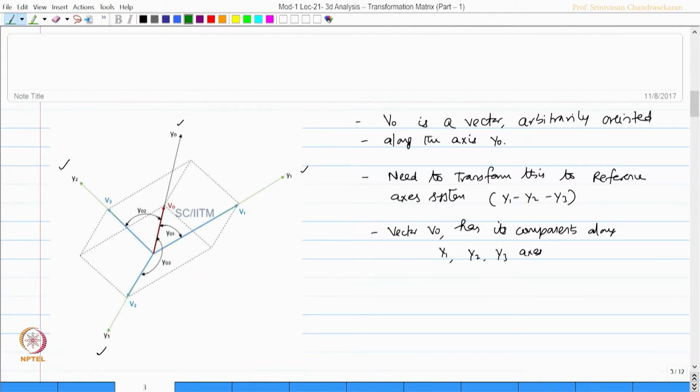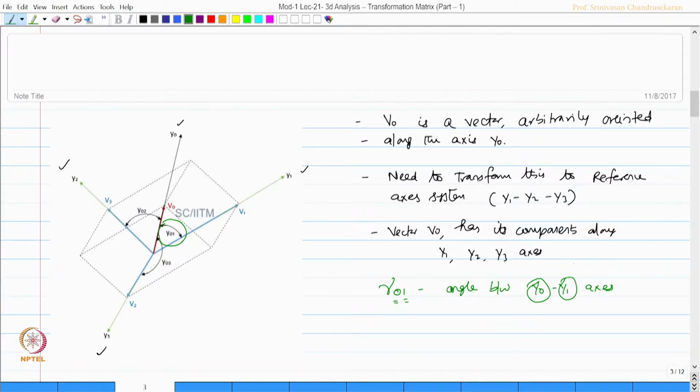This is gamma 01. Gamma 01 is the angle between the y0 and y1 axes. The first subscript stands for y0 and the second subscript stands for y1.